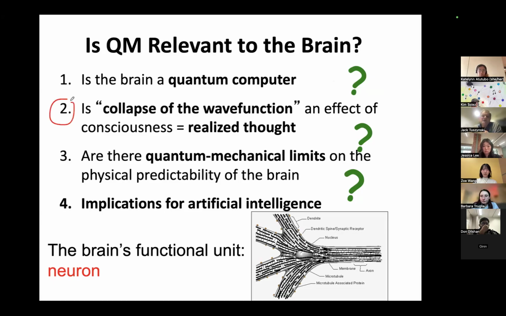If quantum effects play a role in the cognitive functions of the brain, then, for example, what we talked about as the collapse of the quantum wave function could be understood as a realized thought. Before we realize a thought, let's say make a decision about what to order in a restaurant, you look at the menu, and there are several possibilities, all of which are superimposed as ideas in your brain.